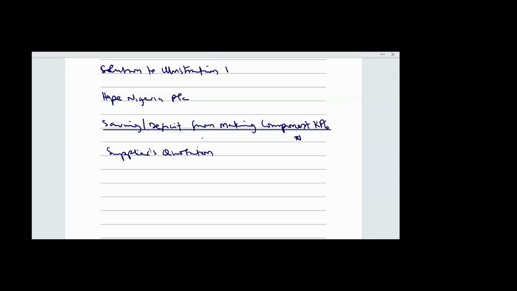Because examiner told you in the question that if the component was manufactured, sales of 4,000 units of finished product of ENS will be lost. So in that case, you cannot use par value, you have to use absolute value.